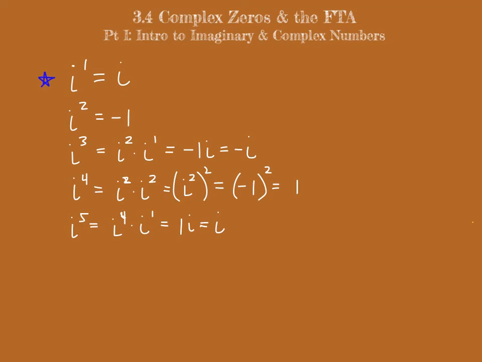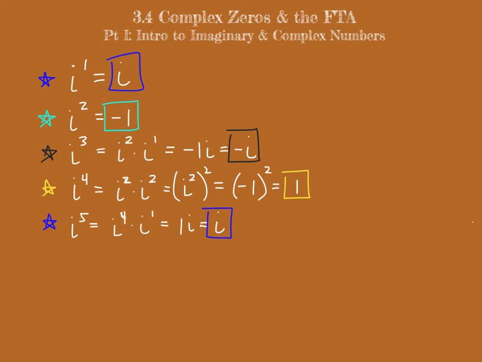We start with i, then we move to i squared, which was -1, then we move to i cubed, which is -i, then lastly we move to i to the fourth, which was +1. So it looks like our pattern goes i, -1, -i, +1, and then we've repeated. We started back from the beginning, which is i.